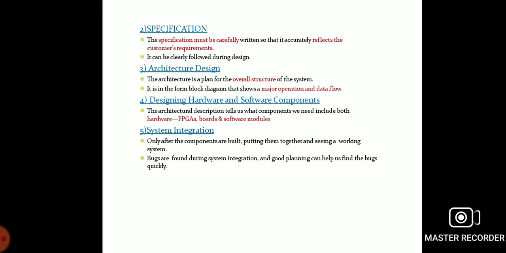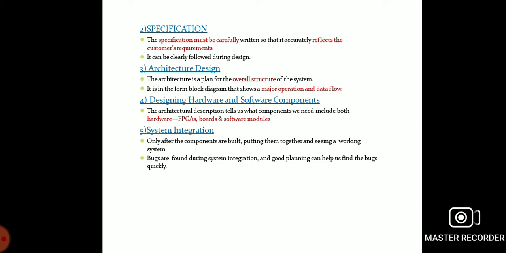Next is architecture design. The architecture is a plan for the overall structure of the system. It is in the form of a block diagram that shows the major operations and the data flows. Then we design the hardware and software components. The architectural description tells us what components we need, including both hardware, such as FPGA boards, and software modules.